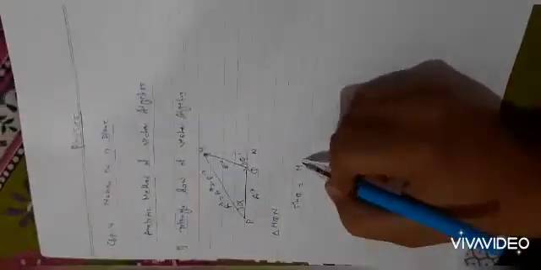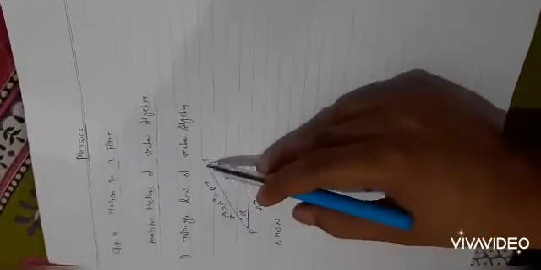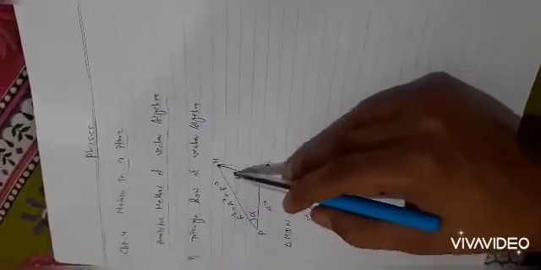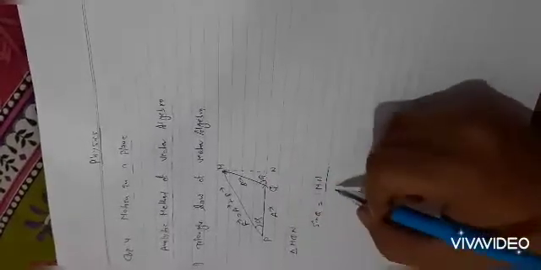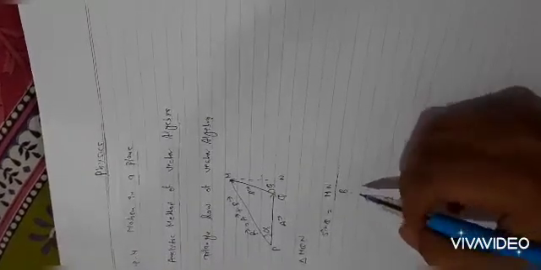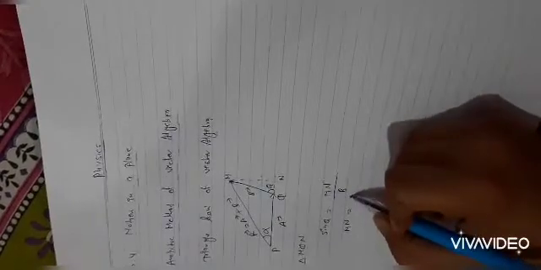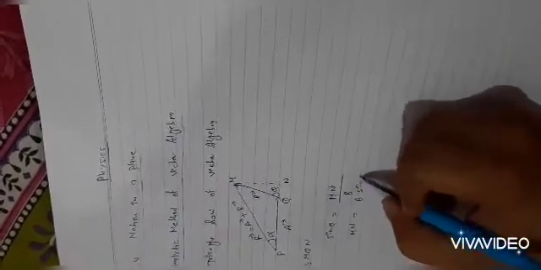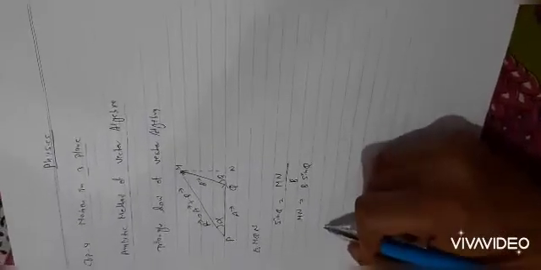So perpendicular is MN and hypotenuse is QM, that is basically your vector B. So we have to find the value of MN. MN is B sin theta, and from this triangle we will also find the cos theta.